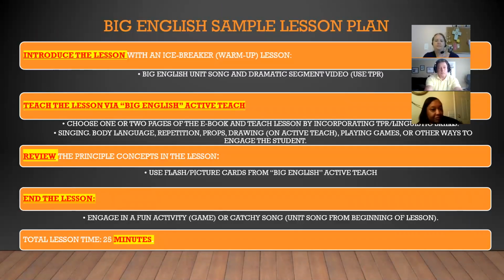A big part of TPR is the repetition. You'll notice the song repeats twice. There is repetition throughout the Big English unit, emphasizing vocabulary and sentence structure, and really trying to encourage the students to speak the material.